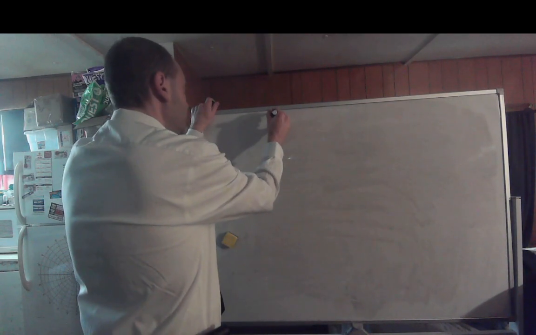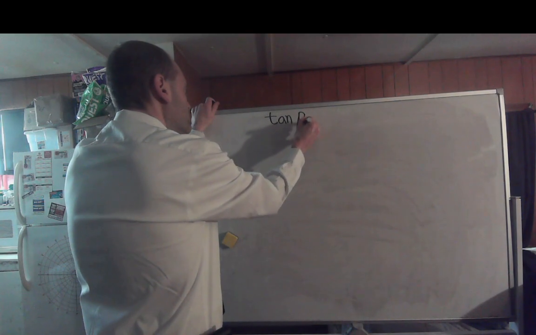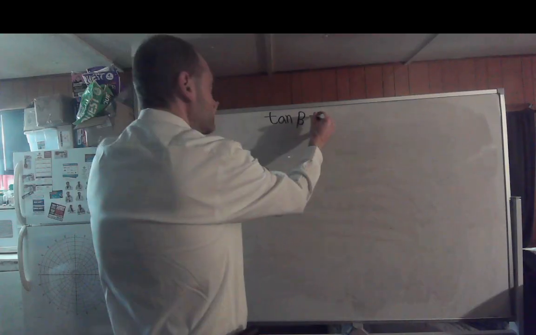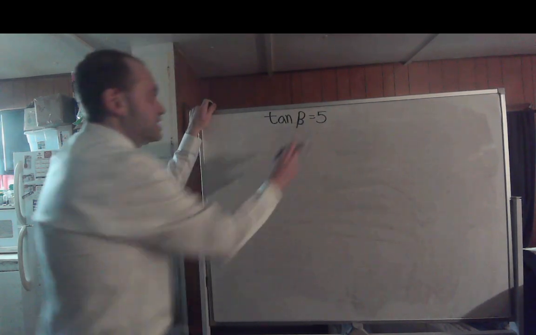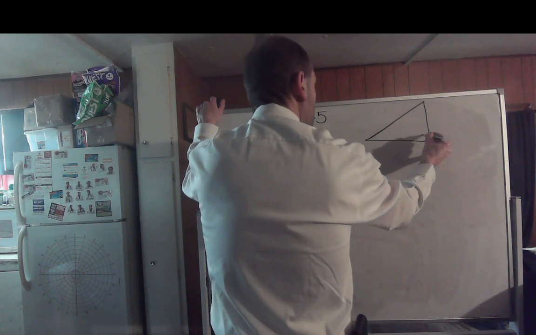Alright, you have an angle beta. So this time they give you that the tangent of angle beta equals 5. In fact, why don't we draw our right triangle with that angle beta?